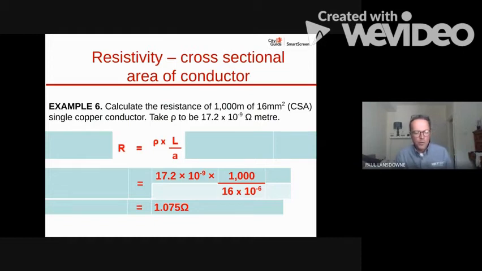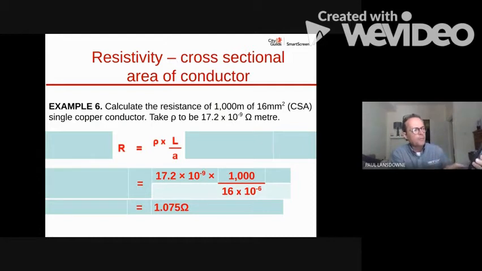So what I'm going to show you here is on your calculators. First of all, we would type in 17.2. Then we hit the button in the very middle of the calculator that says times 10 to the exponent. We hit that button, and then we put minus 9. So now you can see in the equation we have that first bit, 17.2 times 10 to the minus 9.